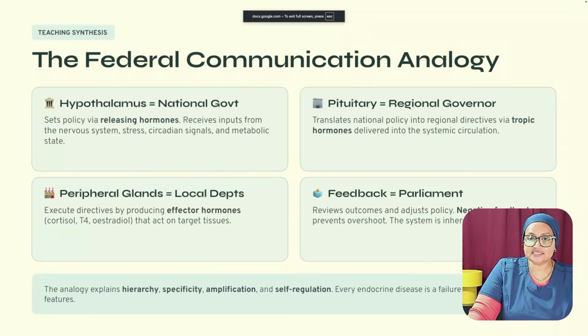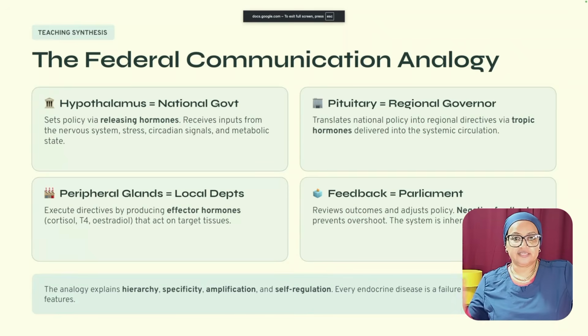And the feedback system is the parliament. It continuously reviews the outcomes. Are hormone levels appropriate? Is the regulated variable at its set point? And it adjusts policy to correct deviations, which is the negative feedback. It prevents overshoot. This is a system which is inherently self-correcting.